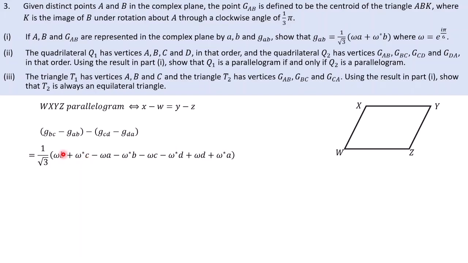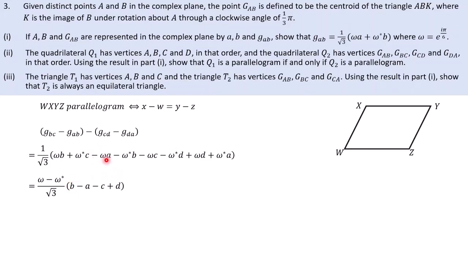You just follow the indices. So for BC, I have BC, minus AB, I have minus A, minus B, minus CD, so minus C, minus D, plus DA, so plus D, plus A. Just substituting in. And now we realize that we can actually pull out a copy of omega minus omega star across, because we have omega minus omega star times B.